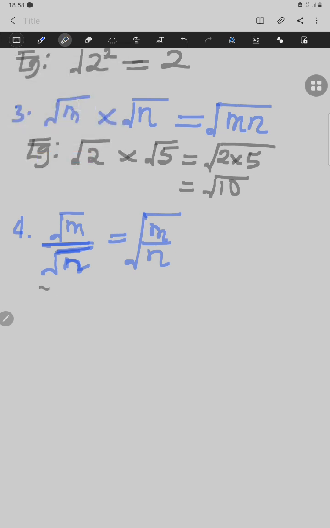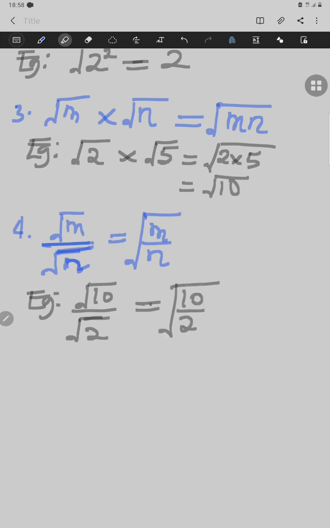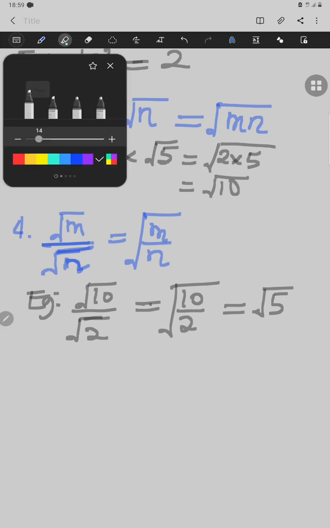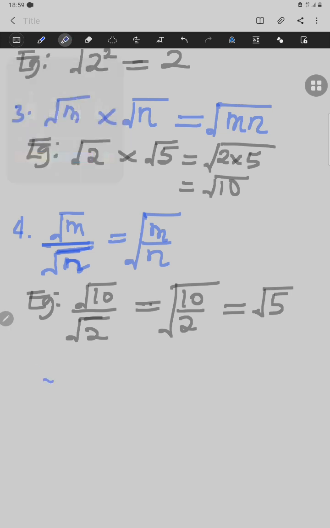An example: if I have the square root of, let's say, 10 over the square root of, let's say, 2, then I can rewrite this as the square root of 10 over 2. And 10 over 2 gives me the square root of 5. So these are powerful equations we are applying. We cannot forget them. Right, let's move on to the next property.